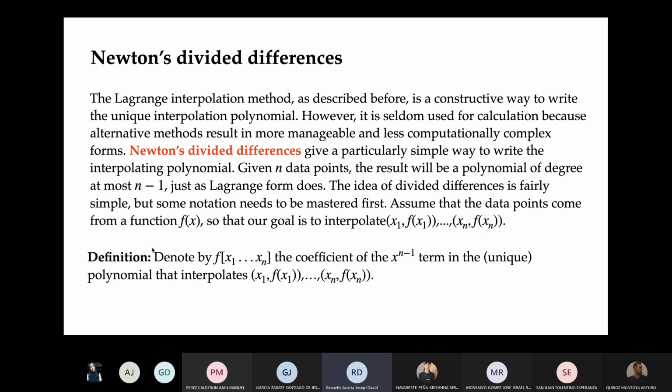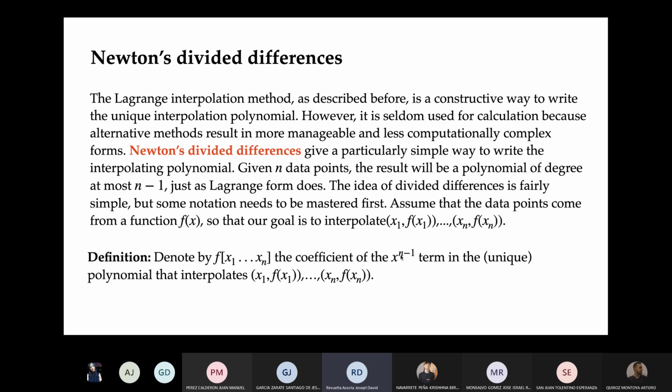In general, a formal definition very useful for the Newton divided differences is that we can denote by f[x1, ..., xn] the coefficient of the x^(n-1) term in the unique polynomial that interpolates the points. So this is the coefficient of the polynomial. For example, if n is equal to 1, which is a constant, the degree is 0, of course, right?